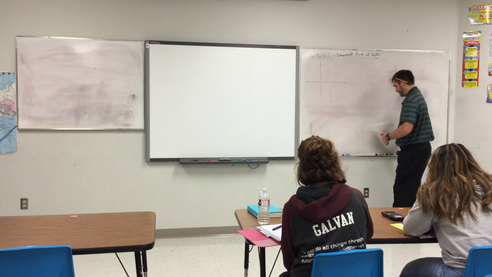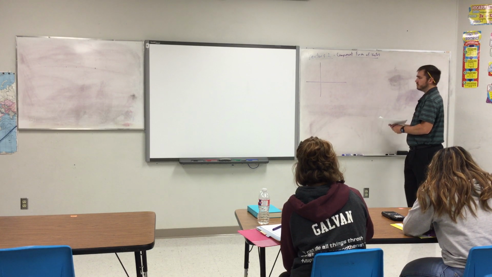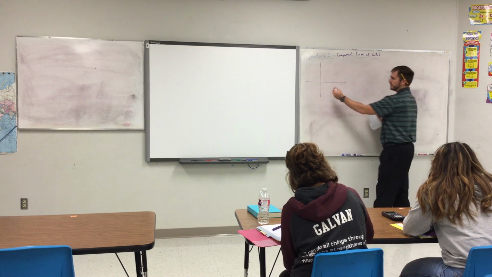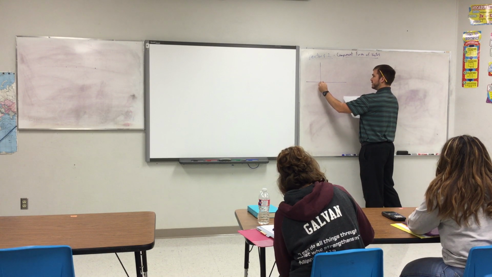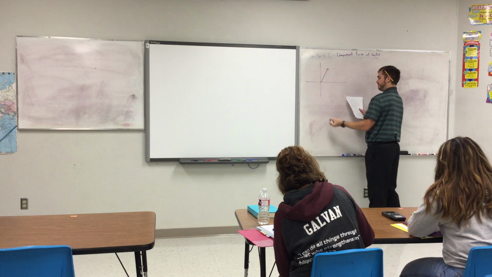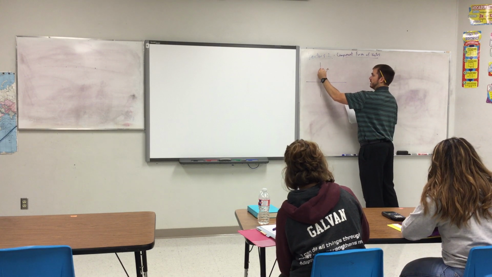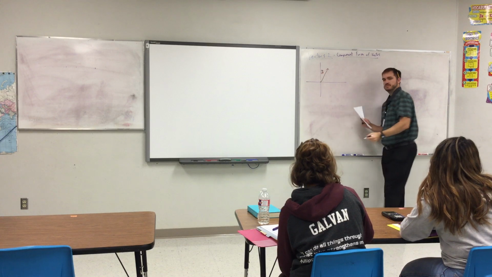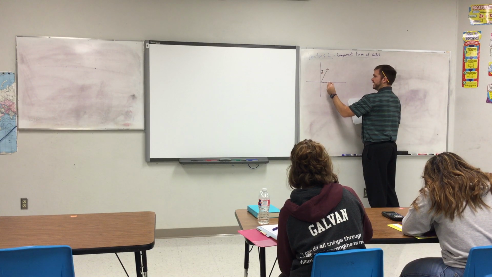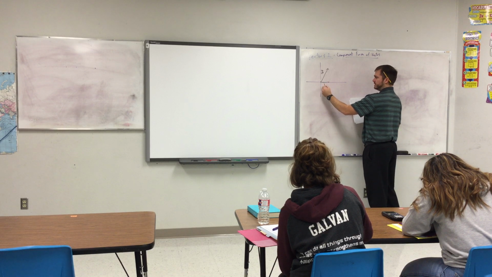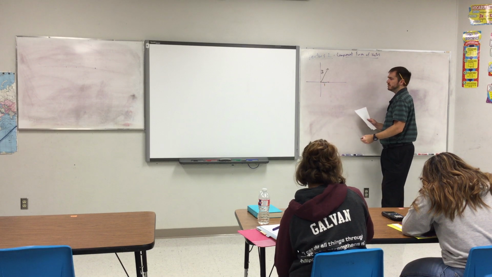So let's go ahead and talk about a vector. Now I'm going to draw a vector starting at the origin. I'm just going to kind of go up and to the right. I'm going to call it vector A. And its x part, its x component, is going to be a length of 1.